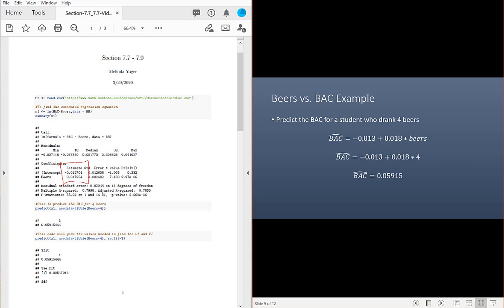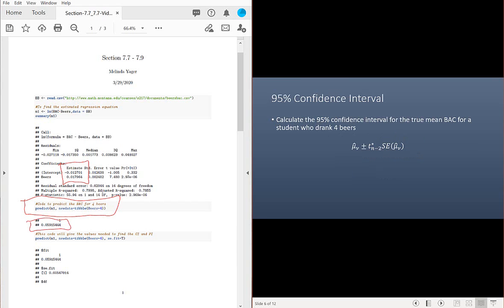We can also use this code to find that predicted value. We see that same predicted value here. To calculate the 95% confidence interval, we need the estimate of the mean blood alcohol content, which we already found using the regression line, the t star multiplier with n minus 2 degrees of freedom.